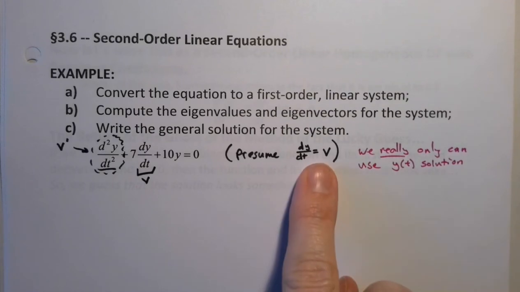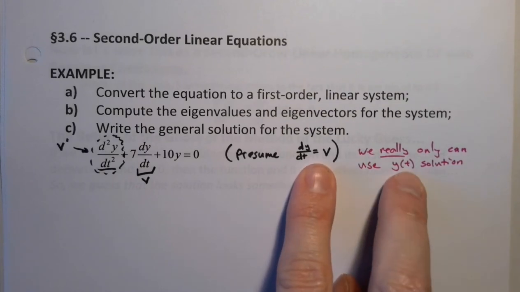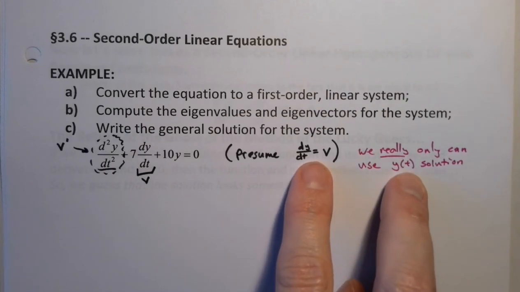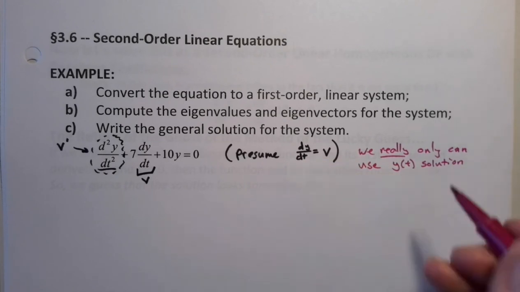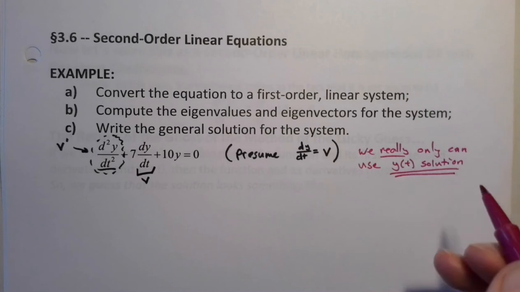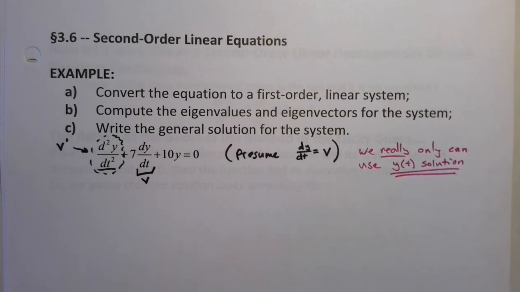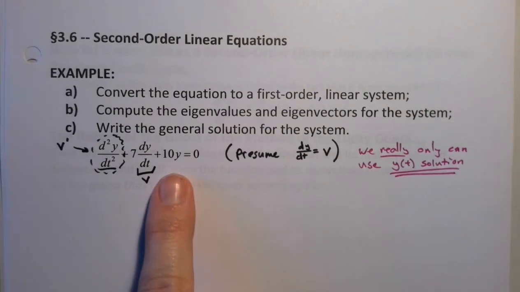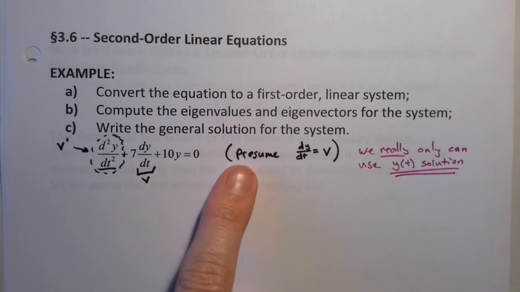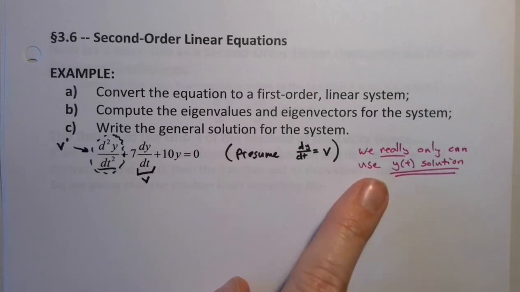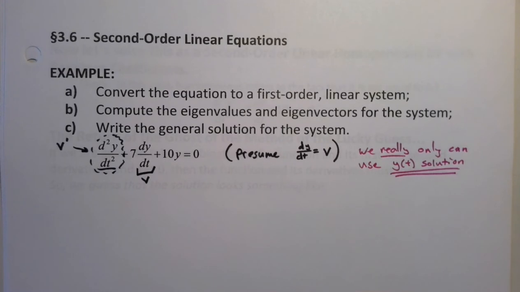The v(t) solution depends on y(t), in that it's the derivative of y(t). So this is the only thing that would be useful from this method. So given a second-order differential equation, we can make a presumption and then proceed, but in the end only the actual solution y(t) is going to become useful and necessary for us.